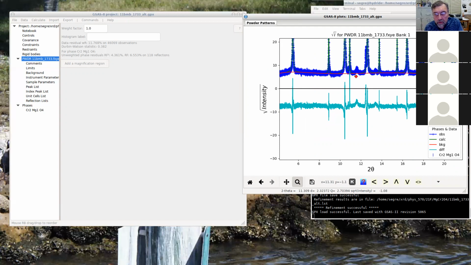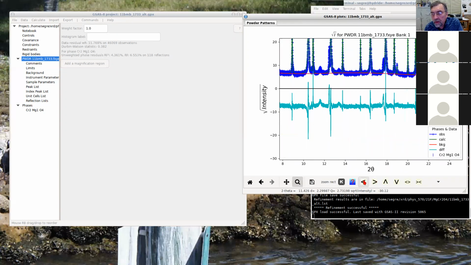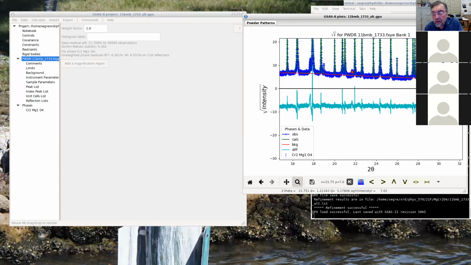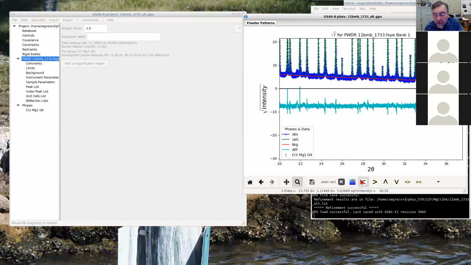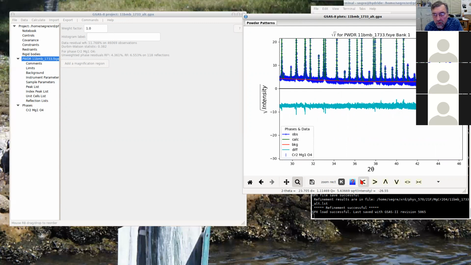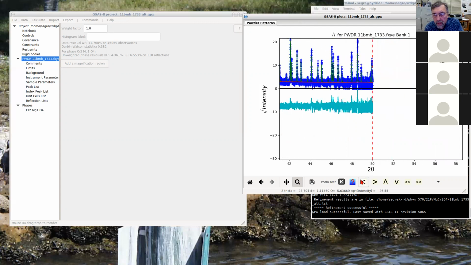But more importantly, you can see an extra peak here, an extra peak here, an extra peak here, and as we move downstream, there's another extra peak here, which we're not fitting. And there's another one here and another one here. So in this particular case, there's another phase in there. And we don't really know what it is. And we're clearly not fitting it.